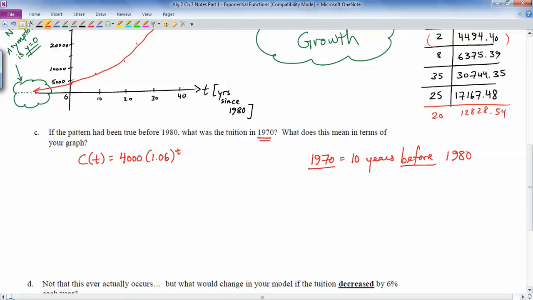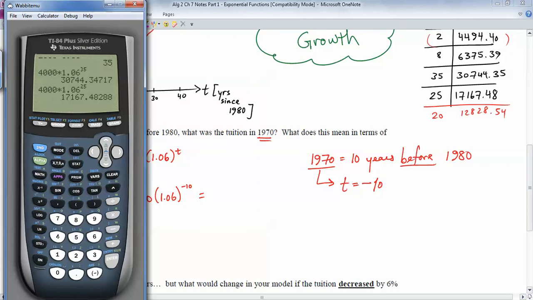So what you can think of 1970 as is t equals negative 10 years, right? So I'm going to plug in negative 10 years earlier. 4,000 times 1.06 to the negative 10th. So let's see what that gives us. 4,000 times 1.06 to the negative 10th.